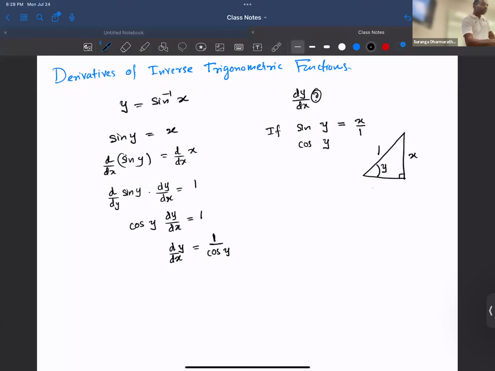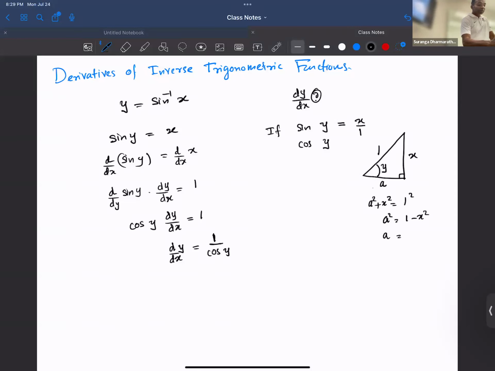So let's say this side is a. Then a squared plus x squared equals 1 squared, so a squared is equal to 1 minus x squared.